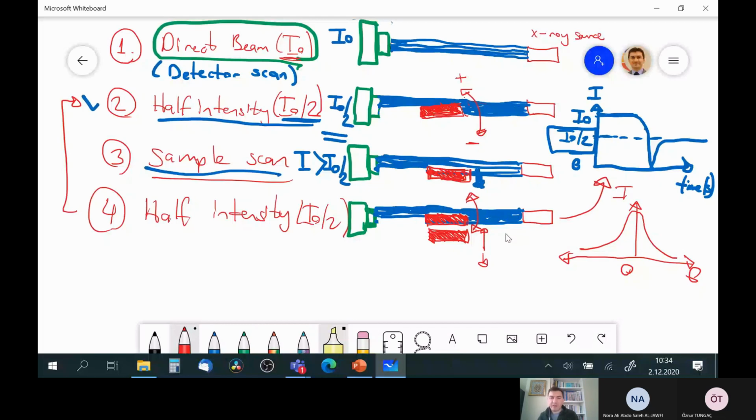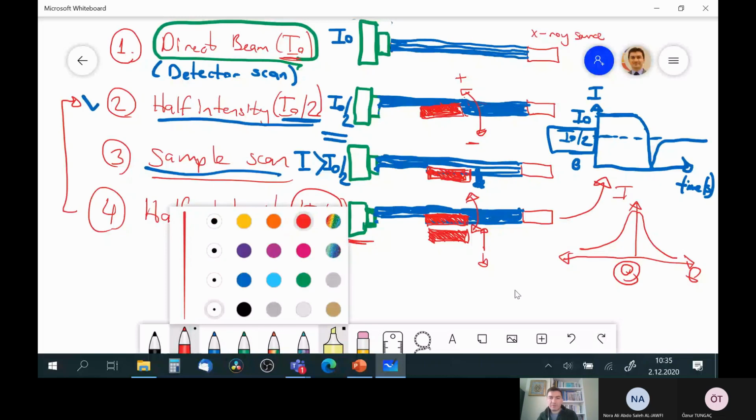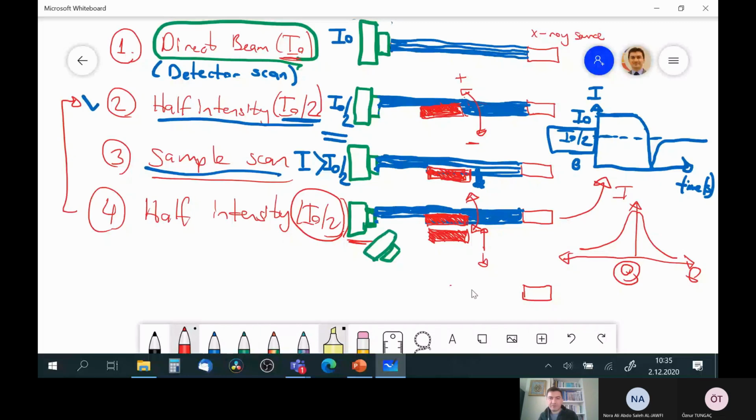As a last step, this is the position of the X-ray source, this is the position of the detector, and this is the position of the sample. Now we have a certain theta angle here, and a certain 2 theta angle here, okay?